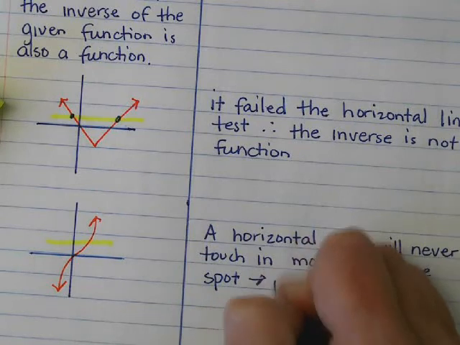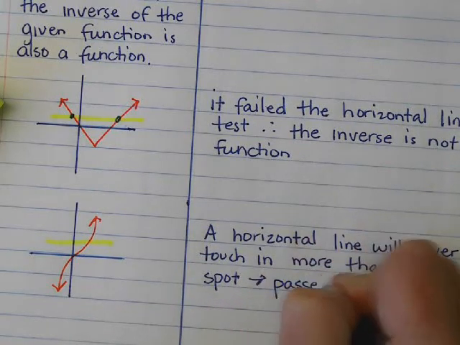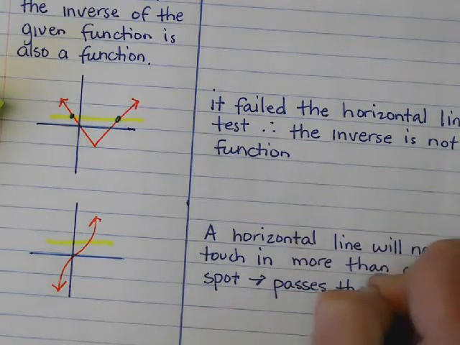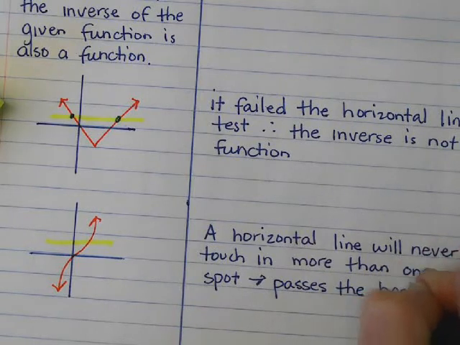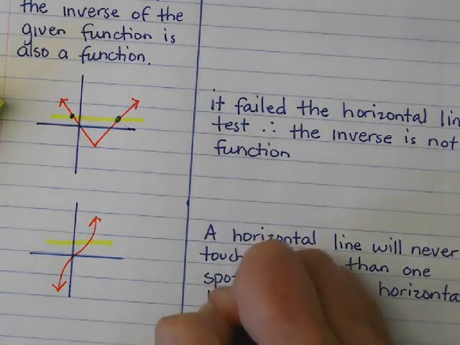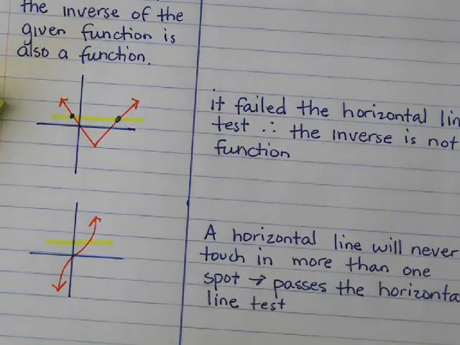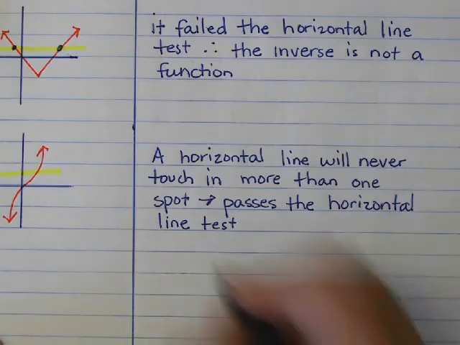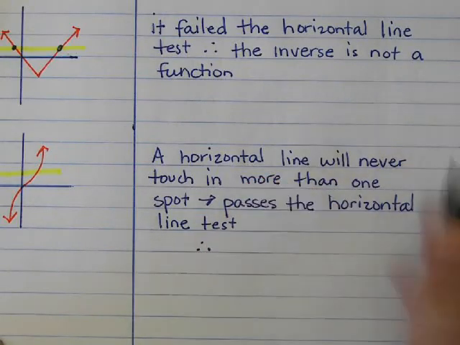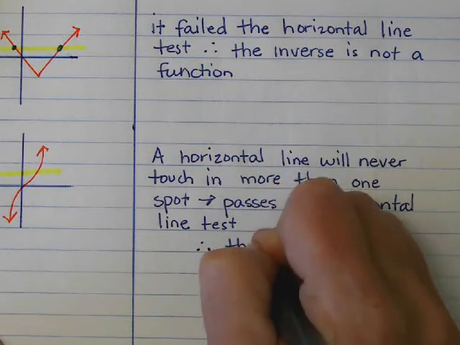And we can say that it passes the horizontal line test. Okay, so if it passes the horizontal line test, the inverse will be a function.